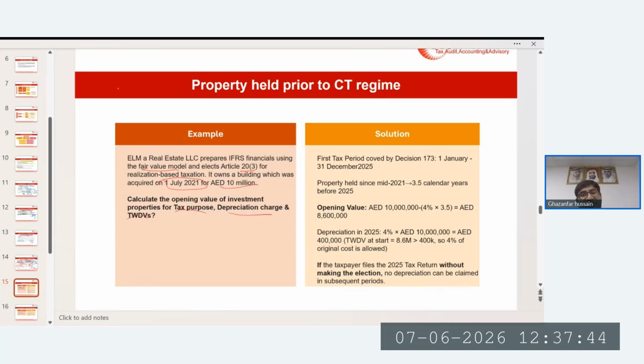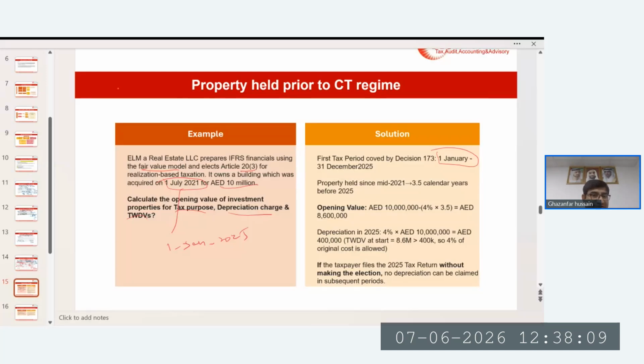So the first tax period is, as we understand for this, the Ministerial Decision is applicable from the 1st January 2025 and thereafter. So if the property is purchased in July, from July till 1st Jan 2025, what is the period?